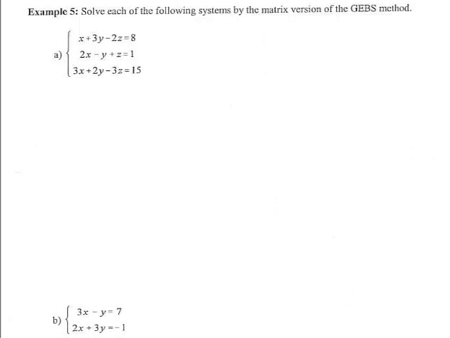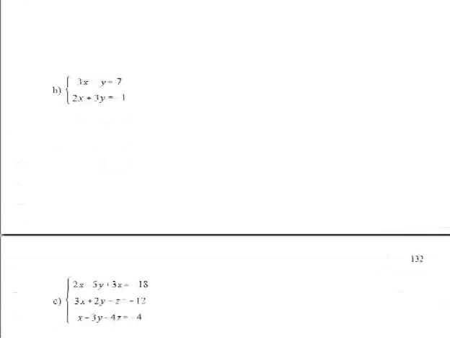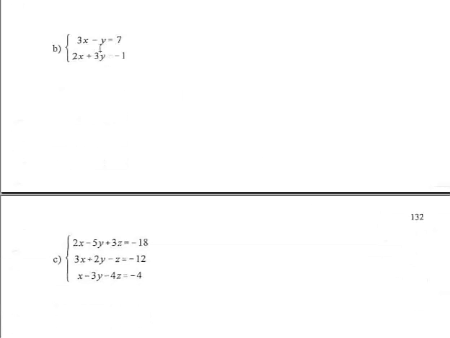We will scroll down the page and work another one. This one should be a little more manageable. The matrix that we need to translate this to is going to be a 2 by 3. Our coefficients are 3, negative 1, 2, 3, and then we have constants of 7 and 1. This is what we're going to put into the calculator.